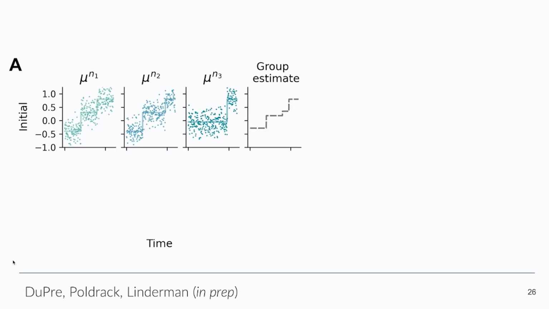This is basically to show a motivating simulation context. We can imagine that we have 3 subjects, shown on the left in 3 different colors. If we were to take just an average group estimate, we might see something like what's on the right. Now, this is very useful, with the caveat that there are some features of this group estimate that really don't match any of the original subject information.